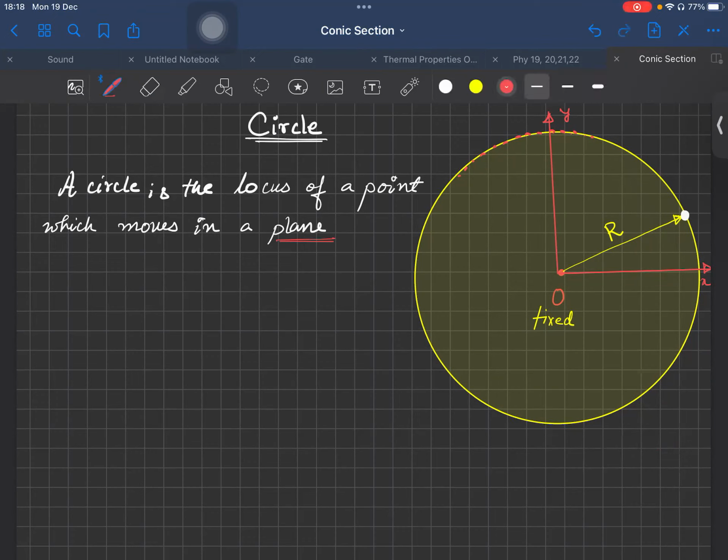So a circle is a locus of a point which moves in a plane in such a way that its distance from a fixed point remains constant.